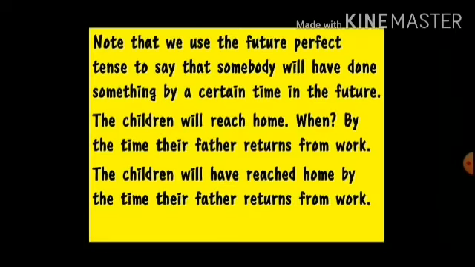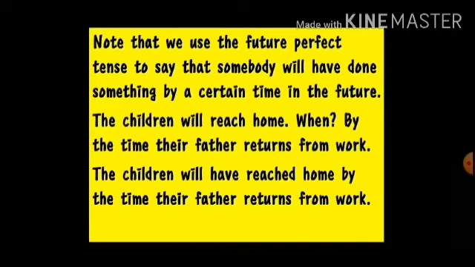Okay, guys. So please note this. We use this future perfect tense to say that somebody will have done something by a certain time in the future. So someone will have completed that action in that particular future time. See this example. The children will reach home. So the children will come home, okay.